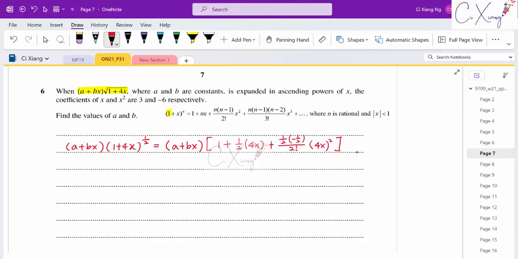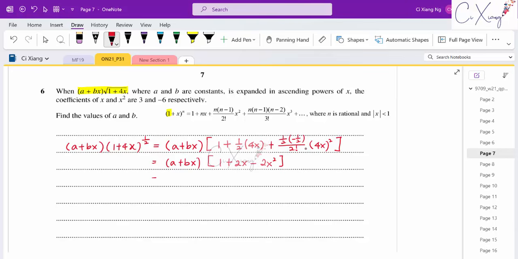Okay, we are not interested for x power 3 and so on, therefore we no need to waste our time to expand it further. Okay, so first of all, we try to simplify. Okay, so by pressing calculator, I get 1 for the first term, and then for the second term, I'm having 2x, and then for this particular term, if you press calculator, you'll get negative 2x squared.